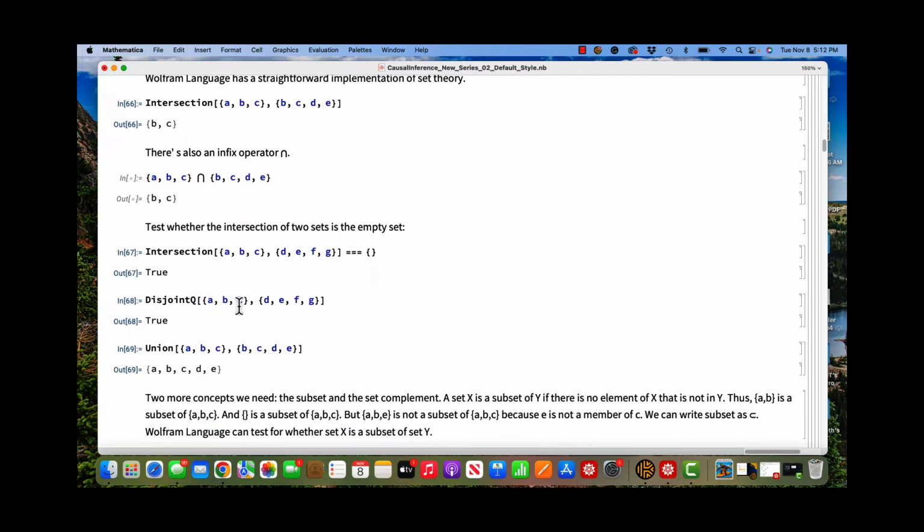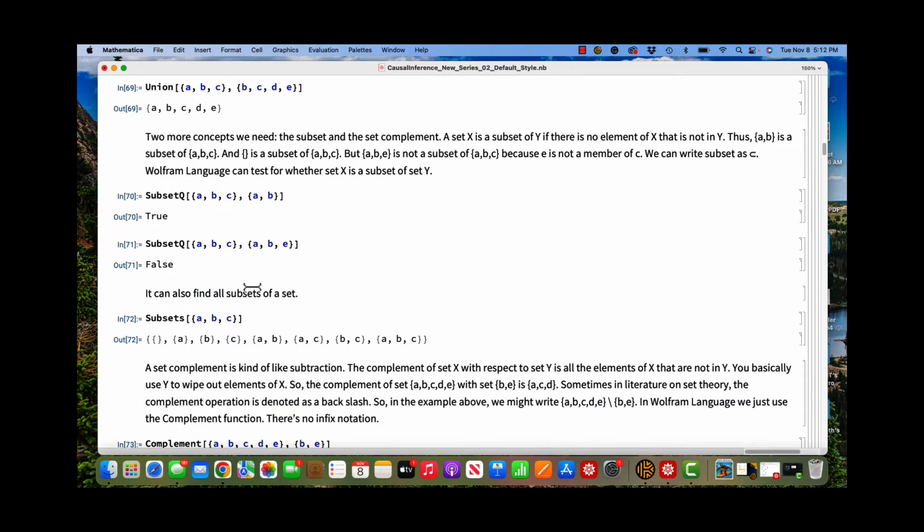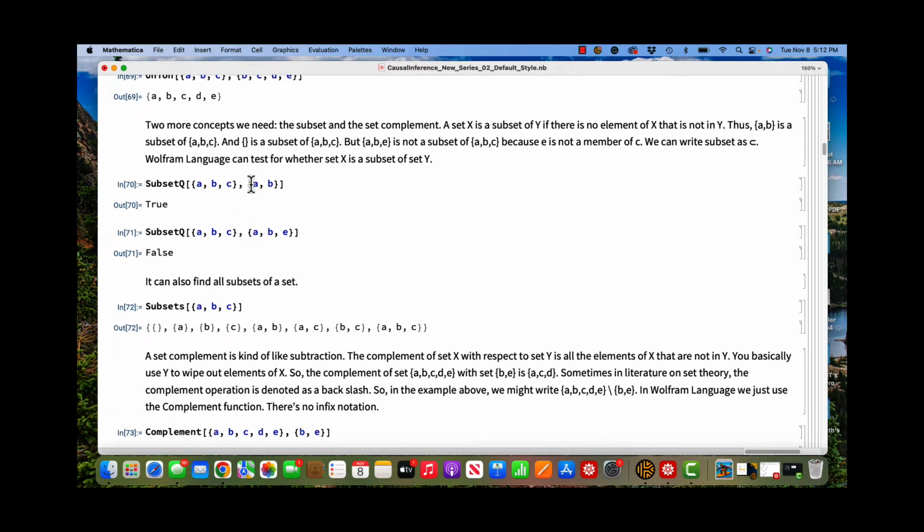If two sets have no elements in common, they are said to be disjoint. And I'm showing you here, there's various code that lets you implement these set concepts in Wolfram language. Subset. A subset of a set is a set, and all of the elements of the subset are contained in the bigger set.